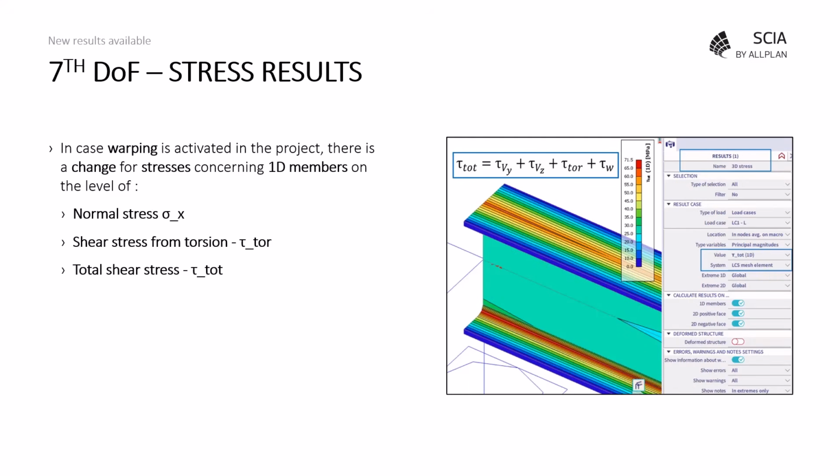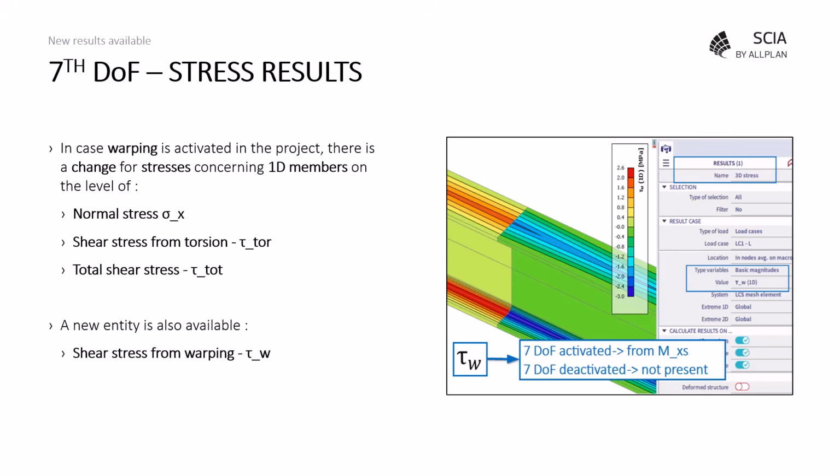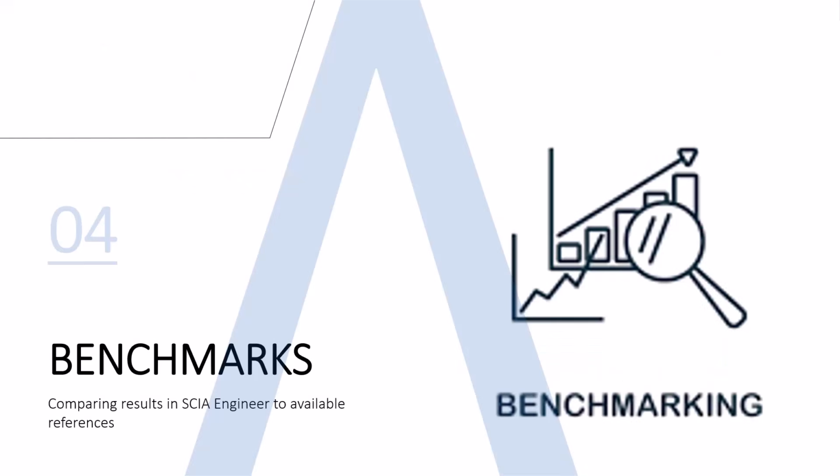And for total shear stress, it will be equal to tau coming from shear y plus tau coming from shear z plus tau coming from torsion, and a new component, tau omega, which would be calculated based on mxs if 7th degree of freedom is activated. If it is not activated, this new component, tau omega, will not be present in the model.